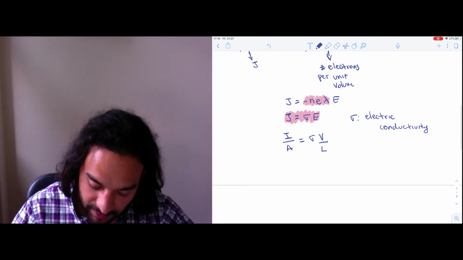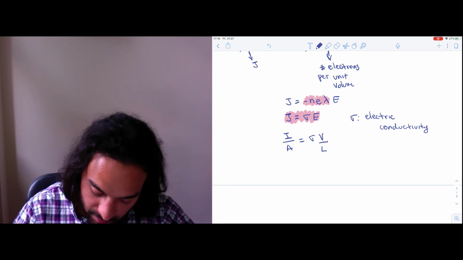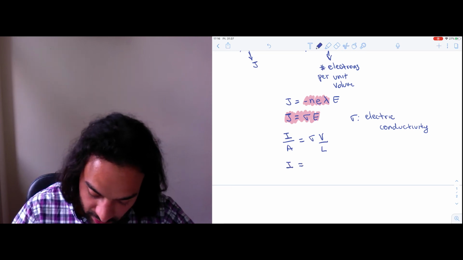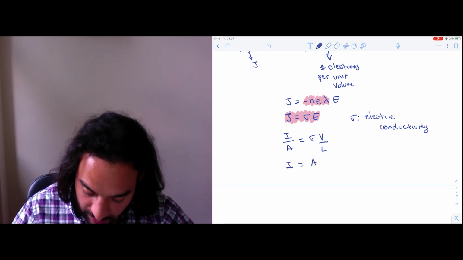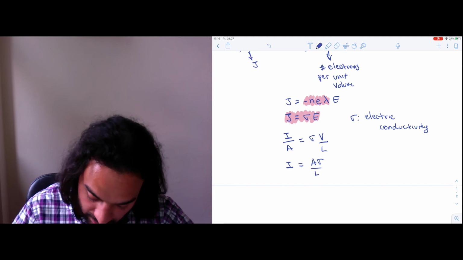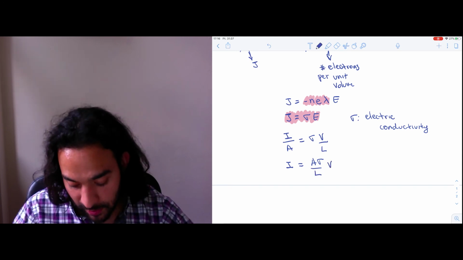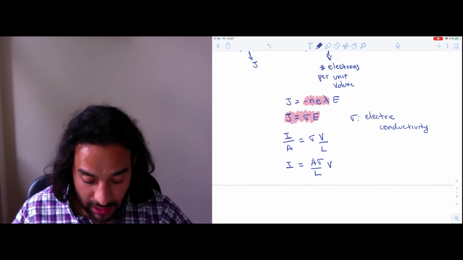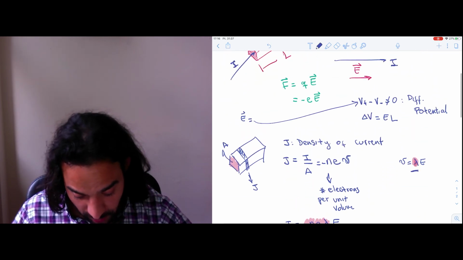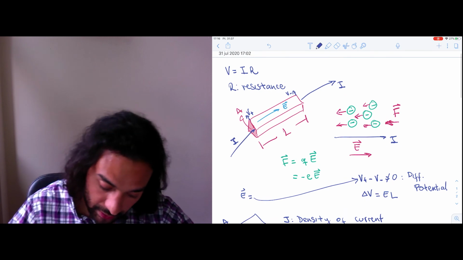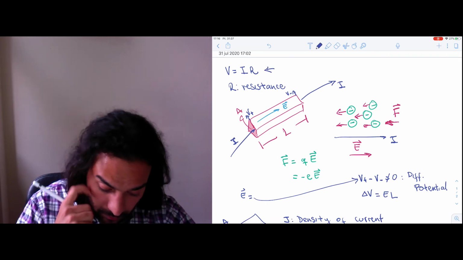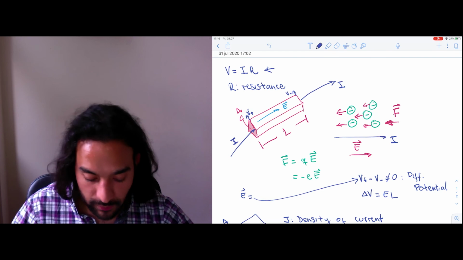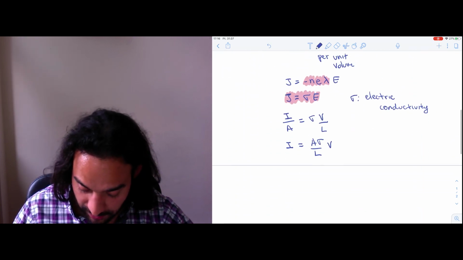And now this is getting very close to what we're going to find, because if we say that the current is equal to the area times the conductivity divided by the length, still multiplied by the potential, well, this looks very much like the Ohm's law that we found at the beginning, where we have that the potential was equal to the current times the resistance, right?